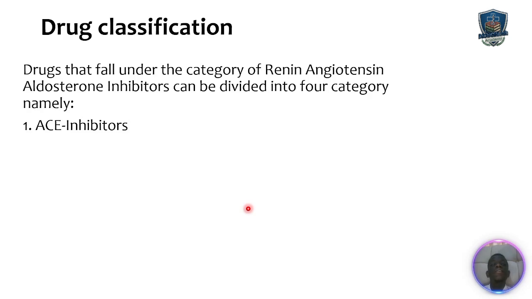Remember, ACE converts angiotensin 1 to angiotensin 2. So we don't want that to occur, and the only way we can prevent that is by going against that enzyme, our ACE. Our second one is angiotensin II receptor blockers.